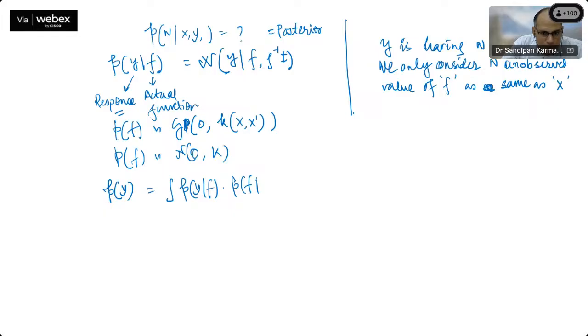Right now we are not bringing them, we are just assuming they are known. So here, df. This is a normal distribution with mean f and rho inverse I n. And here it is a normal distribution with mean 0, and k is the covariance matrix, and this is df.